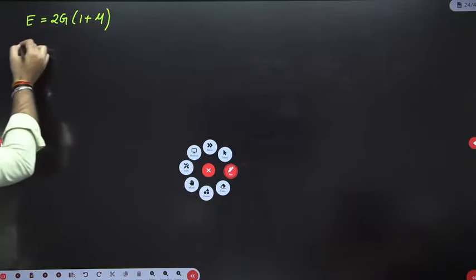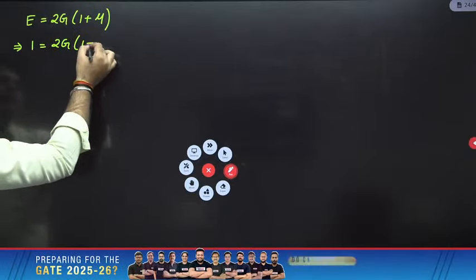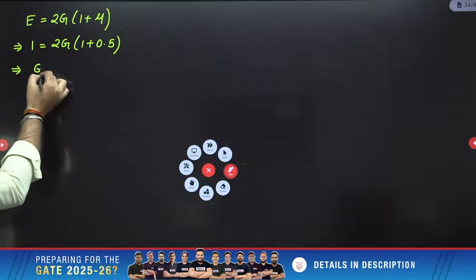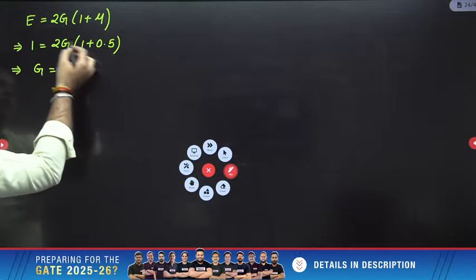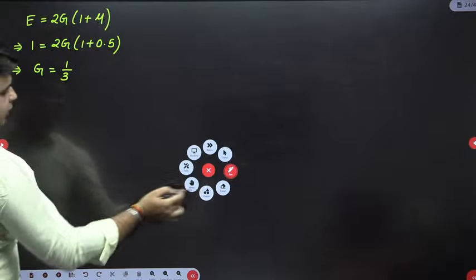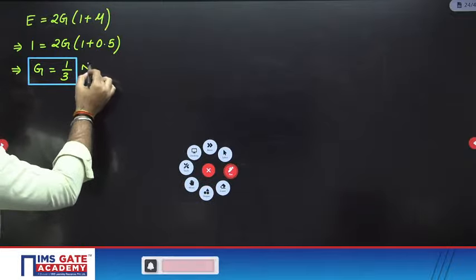So E is given to you as 1, which is equal to 2G into 1 plus 0.5. So the value of G will be how much? This will be 1.5, this will be 3. So G will be 1 by 3. So the value of G we calculated as 1 by 3, and this will be in Newton per meter square.